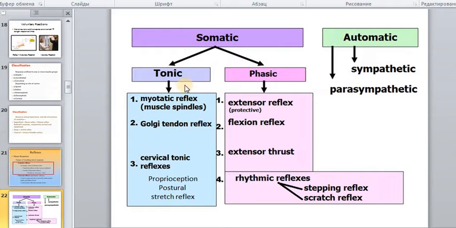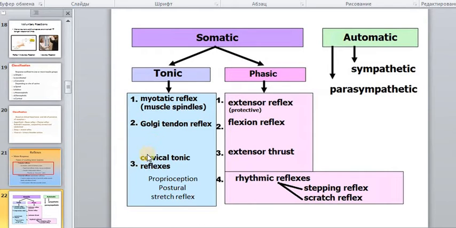To understand these tonic reflexes, we should know muscle spindles. We should understand how the Golgi tendon organ is built, and in general how muscle works.